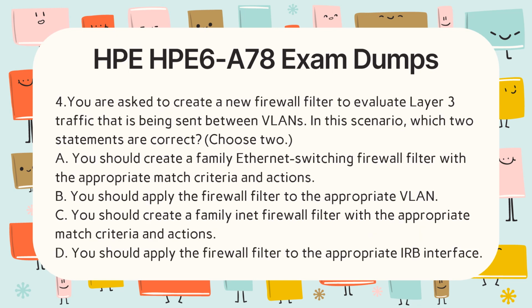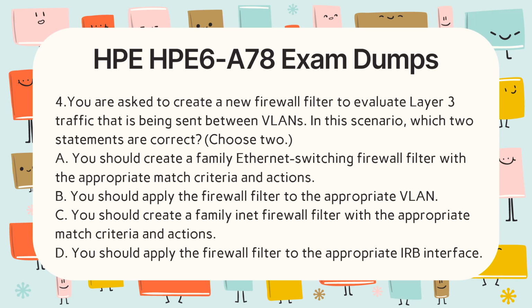4. You are asked to create a new firewall filter to evaluate Layer 3 traffic that is being sent between VLANs. In this scenario, which 2 statements are correct? Choose 2. A. You should create a family ethernet-switching firewall filter with the appropriate match criteria and actions.